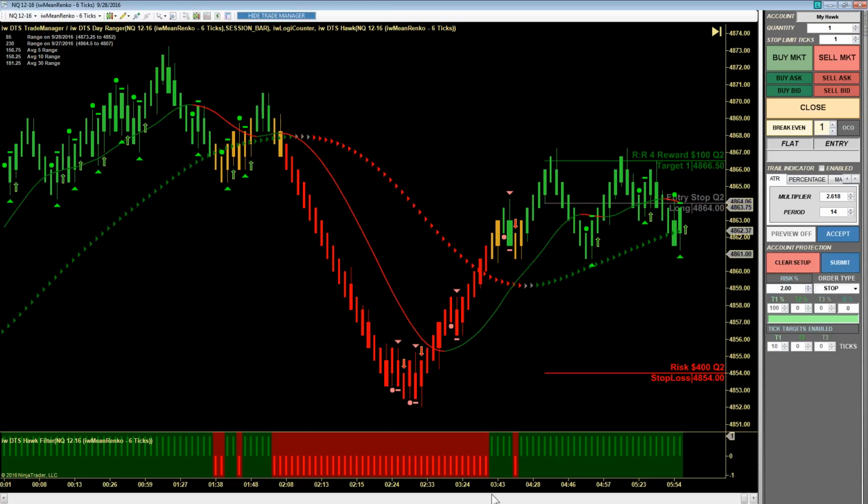Which one do you think has the higher probability of success? Now ignore risk-reward ratios and all that. I'm asking, which trade do you think will reach the profit target before it hits the stop loss? The one with the stop loss down here, or the one with the stop loss down here? Profit target's the same, entry's the same. We're just talking different stop losses. Is it the one with the tight stop or the one with the looser stop?